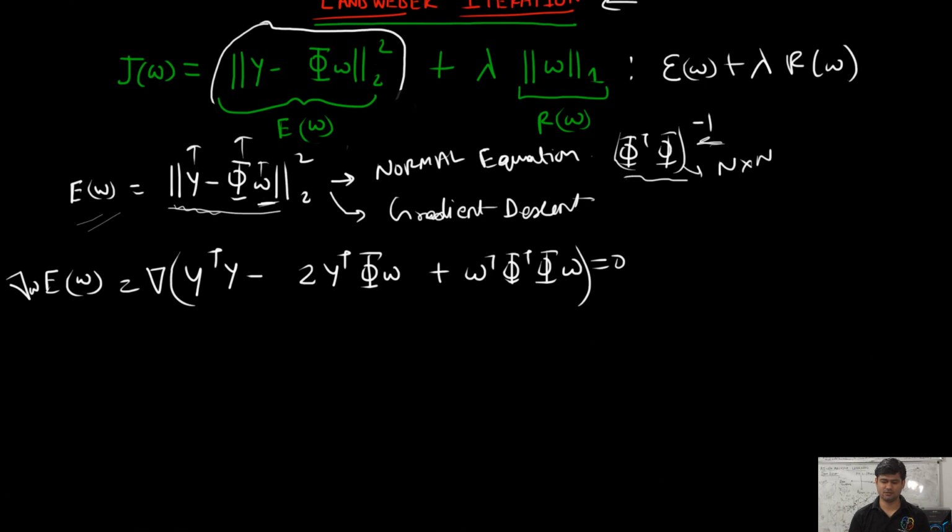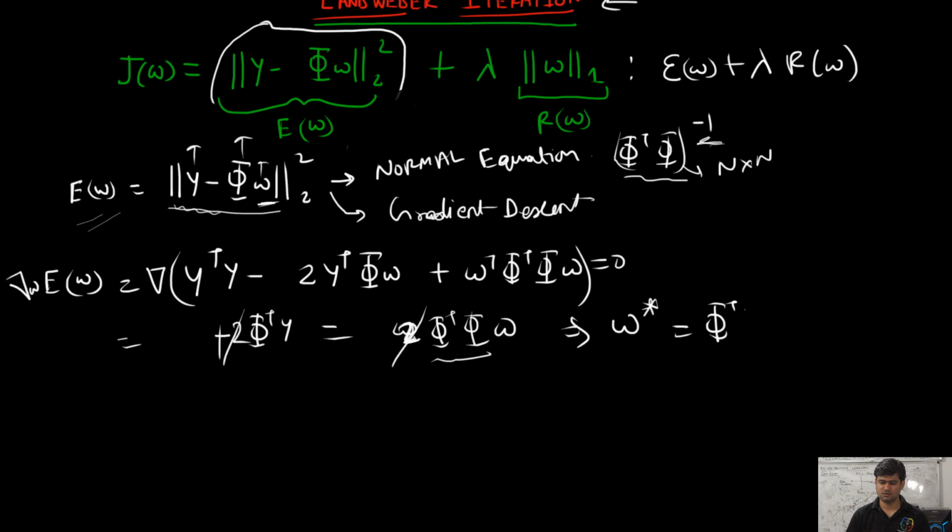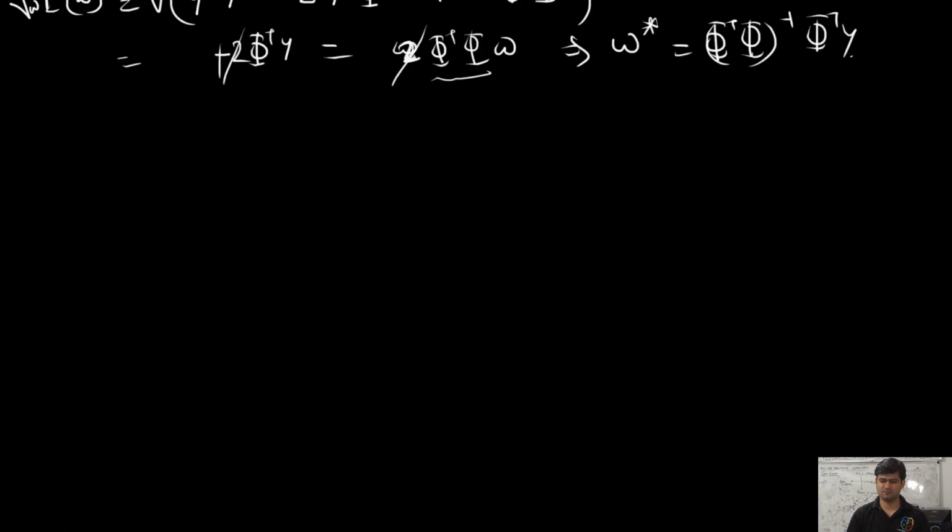Setting the gradient equal to 0, we get twice phi transpose y equal to twice phi transpose phi times w. We can cancel 2, and by inverting this matrix, we get the solution w star equal to phi transpose phi inverse phi transpose times y. As we can see, it requires inverting this matrix, and this matrix may be ill conditioned.